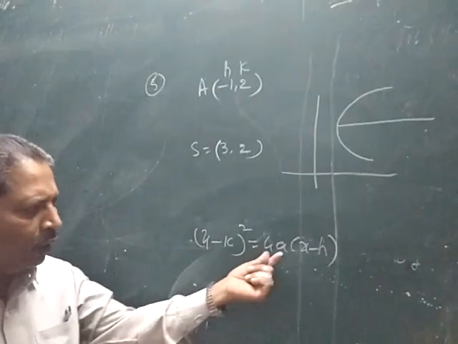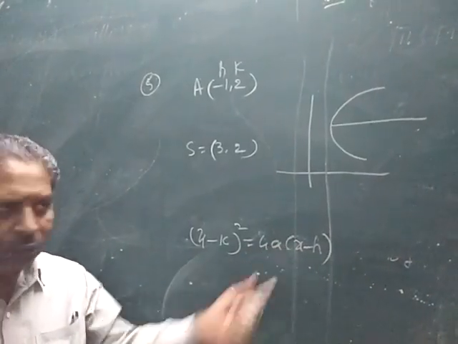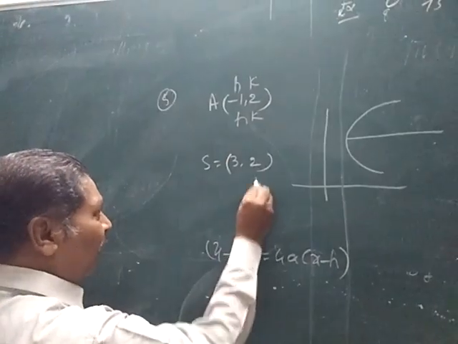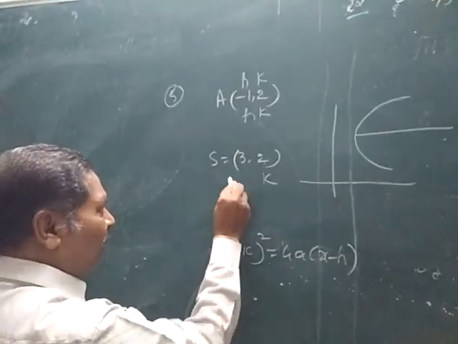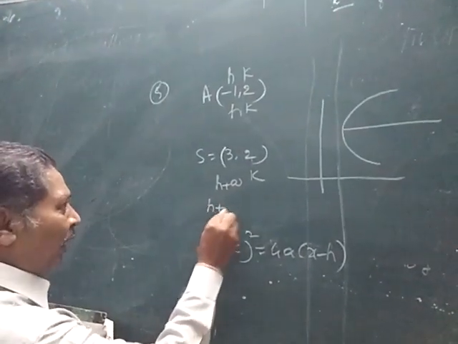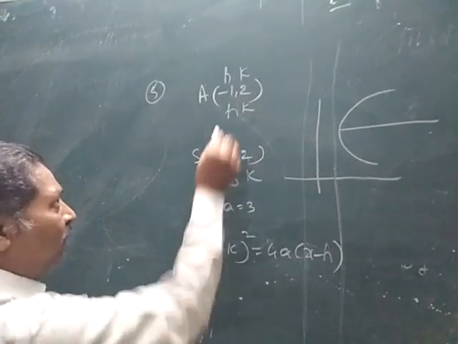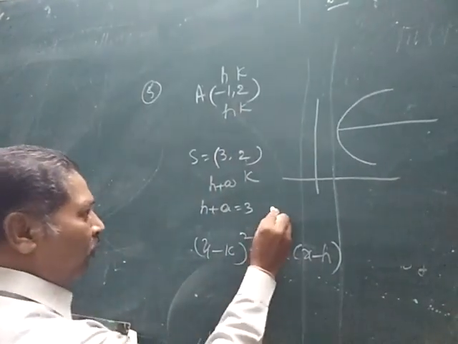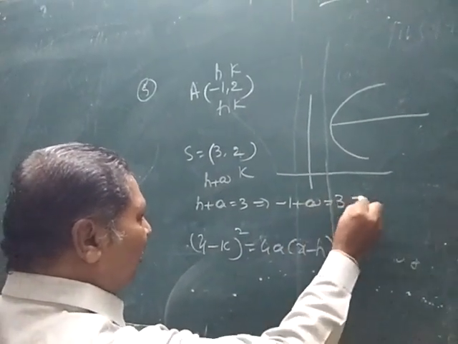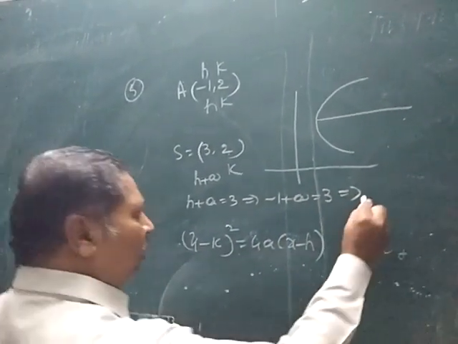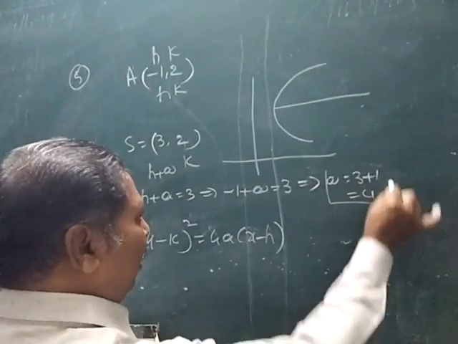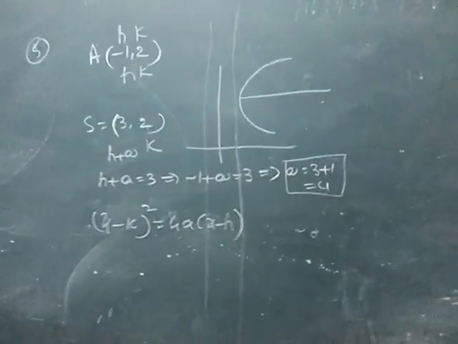So we want only the a value. Take the focus (h plus a, k). H plus a is 3. Substitute h value minus 1, plus a equal to 3. A value is 3 plus 1 equal to 4.